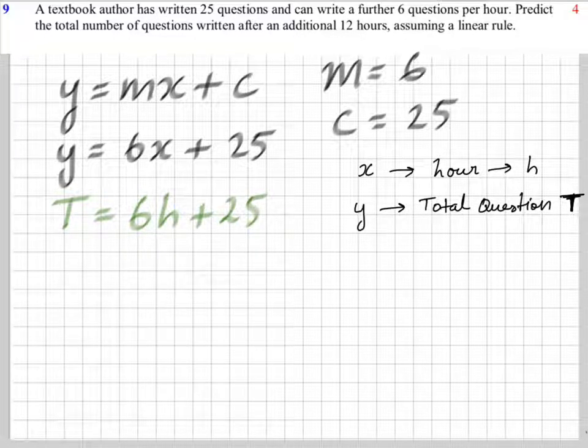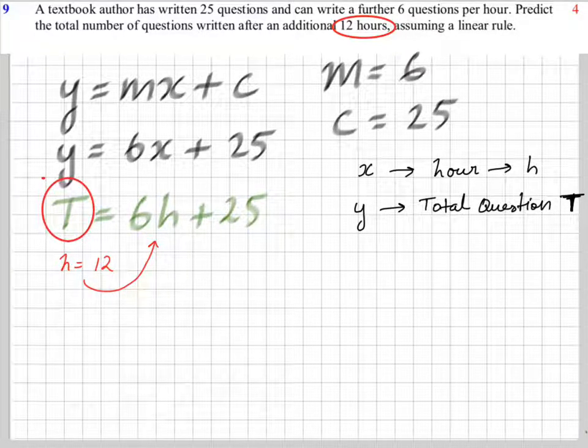That was the first half of the question. The second part of the question is to find out how many questions in total have been made in 12 hours. So I know that my h is 12. If we substitute h into this equation, we should be able to find our t. So t is equal to 6h plus 25.